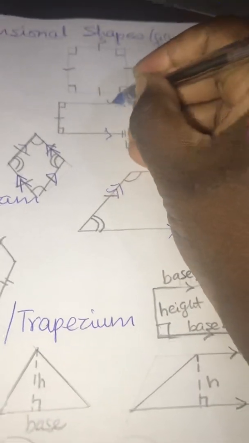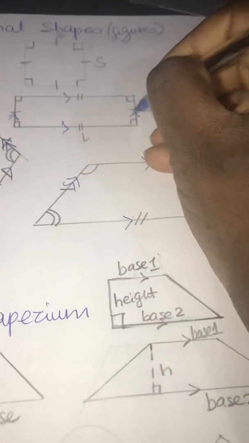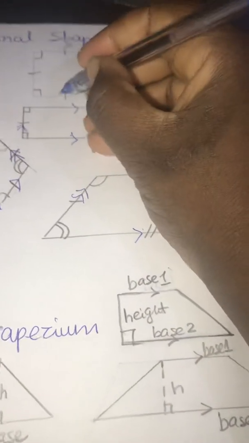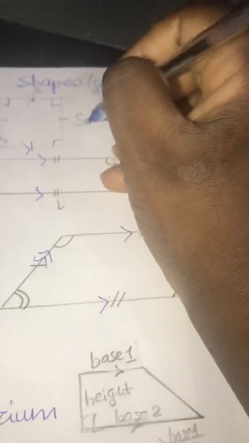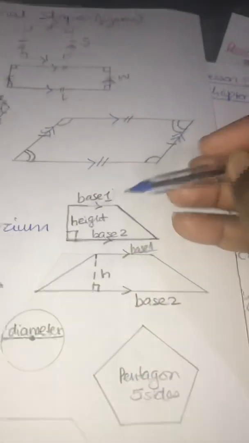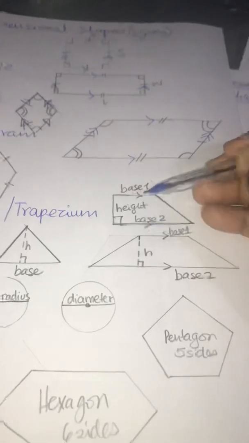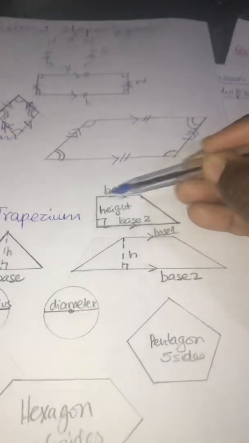Opposite sides are parallel. The same thing here. Opposite sides are parallel. So when you're describing, make sure you're using good vocabulary, okay? So in the trapezium or trapezoid, the opposite sides are parallel.